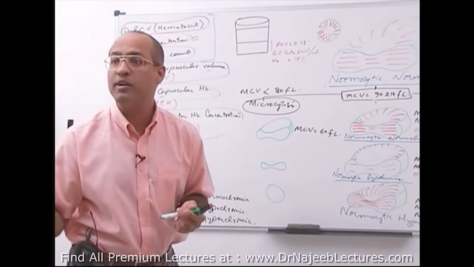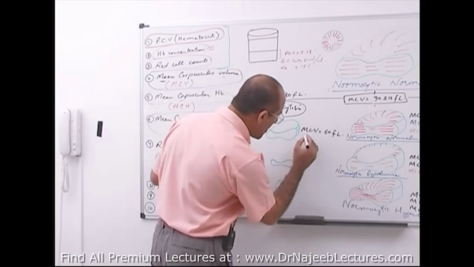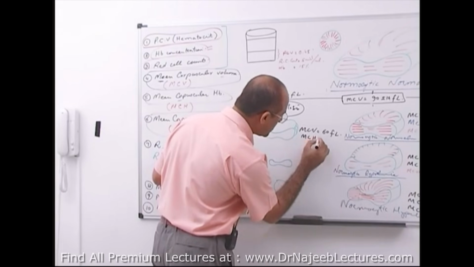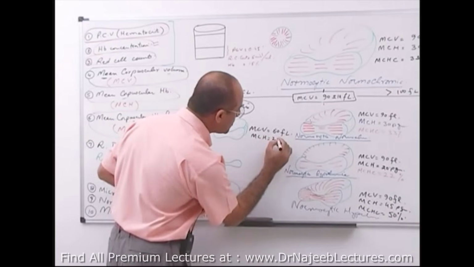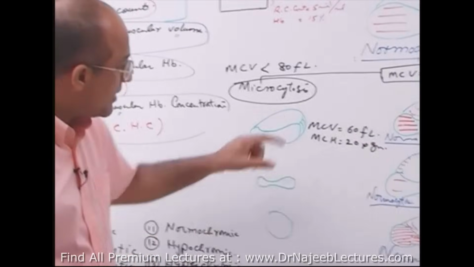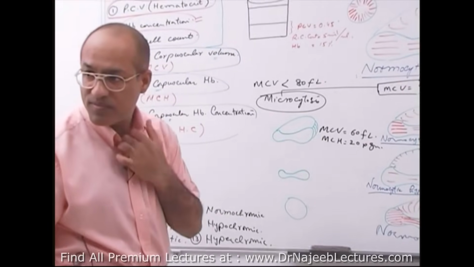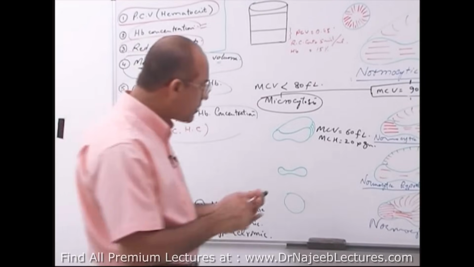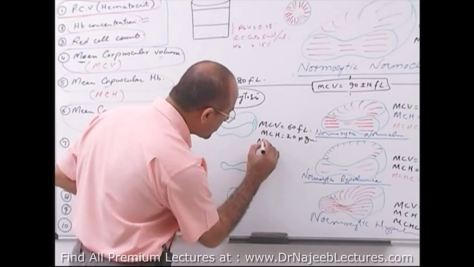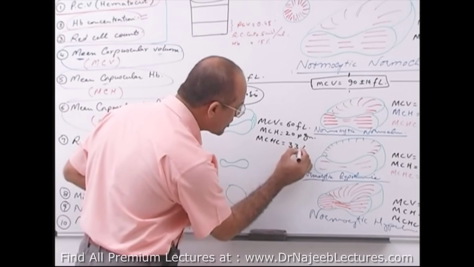It is of course microcytic. And the mean corpuscular hemoglobin is 20 picogram. It means volume is reduced as well as the amount of hemoglobin is reduced. But what is the mean corpuscular hemoglobin concentration? 33%.